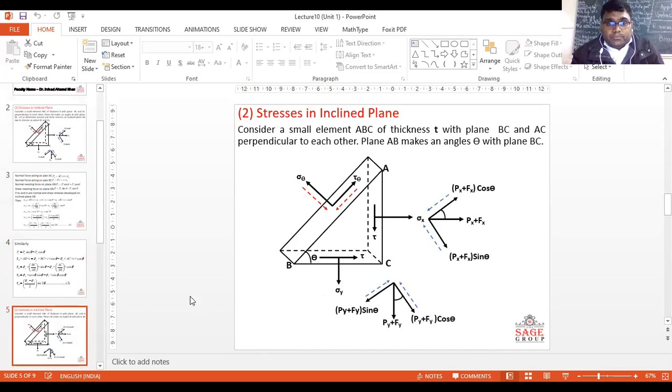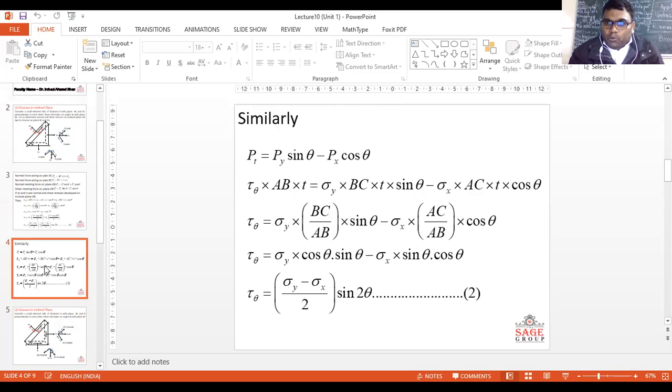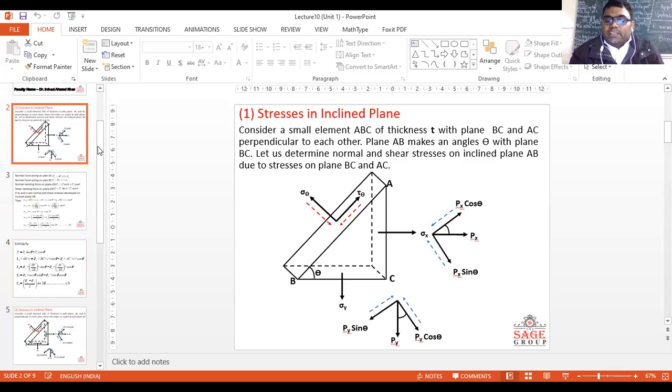Now the stresses on the inclined plane. Consider a small element ABC of thickness t with planes BC and AC. That is the second case. The first one is finished, because there we only considered the normal stresses on the perpendicular planes.